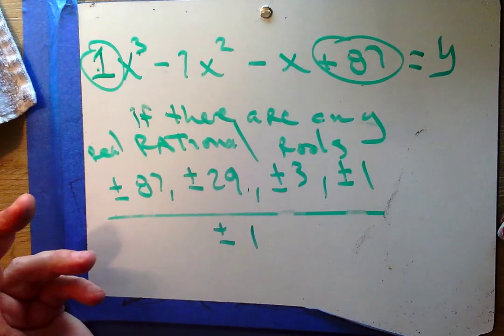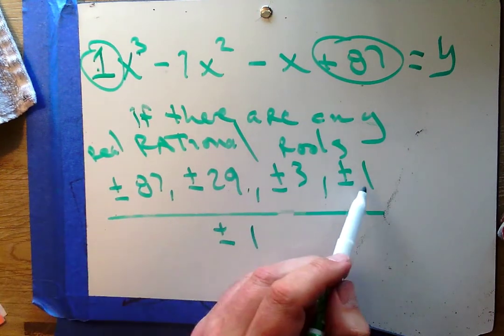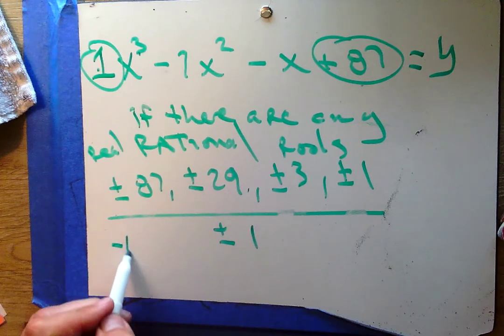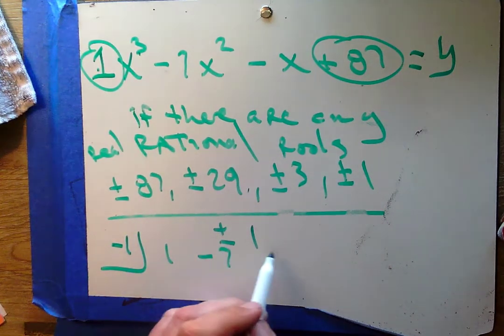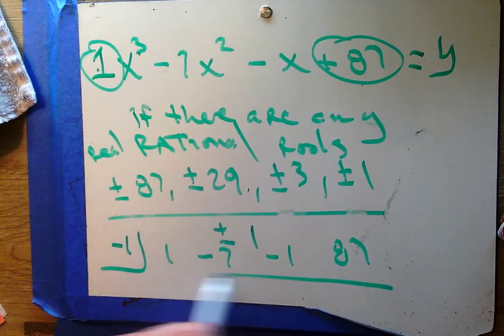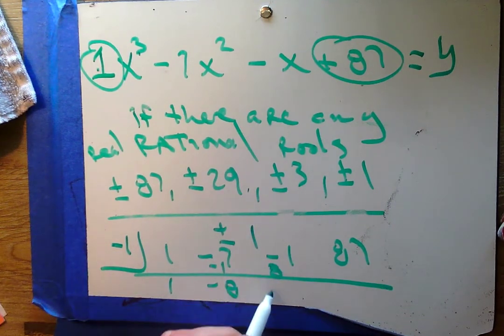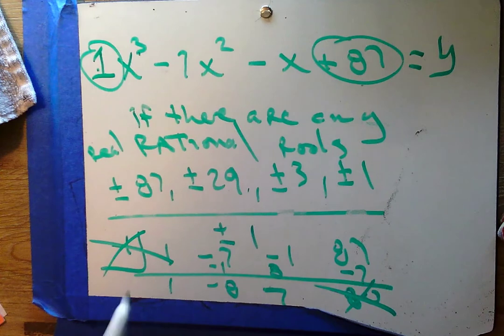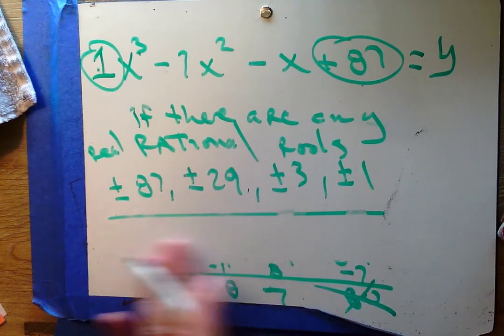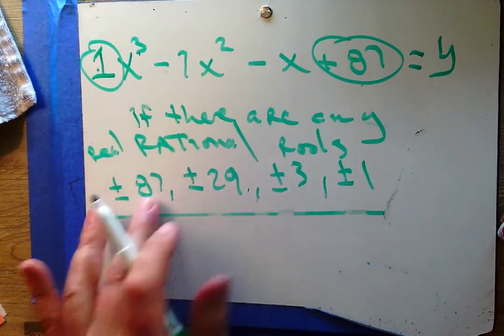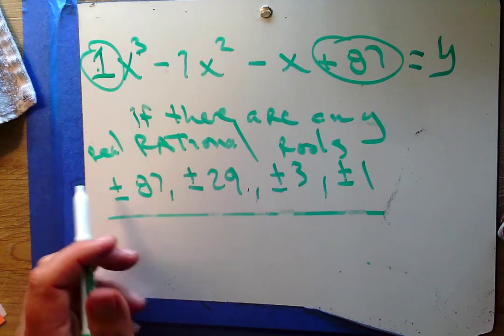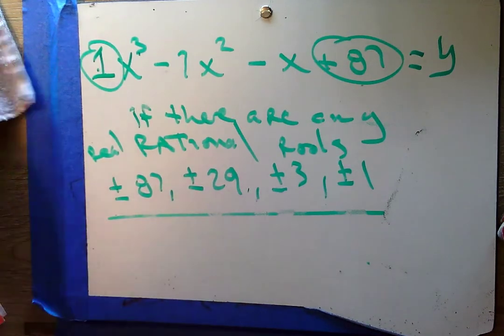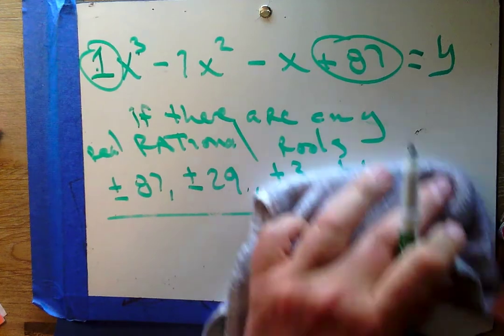And what I mean is that if I take a number, like negative 1, 1, negative 7, negative 1, 87, and I do my synthetic division, that's 8, that's 7, oh look, I got positive 80, that's not 0, so that's not a root. And yeah, I didn't find one, which means I need to keep trying the other ones in the list. So this was really time consuming, but it was very dependable.